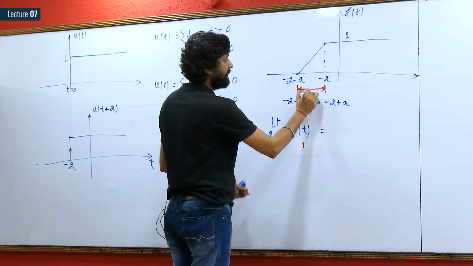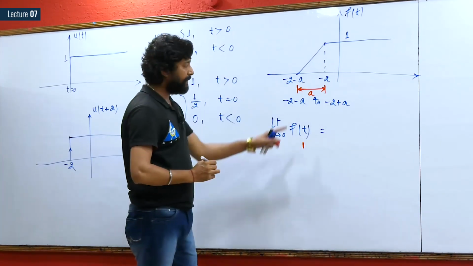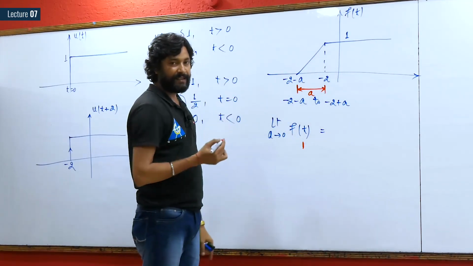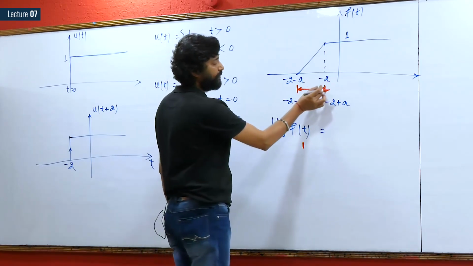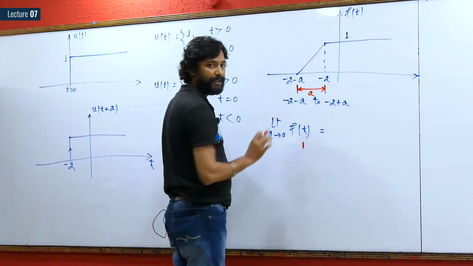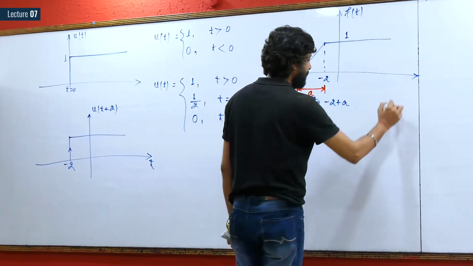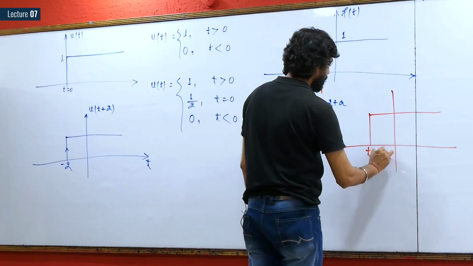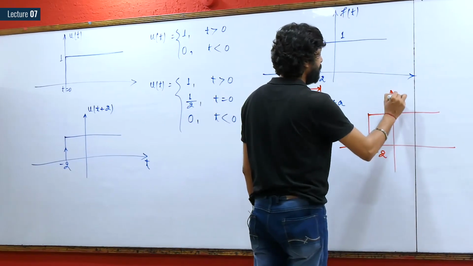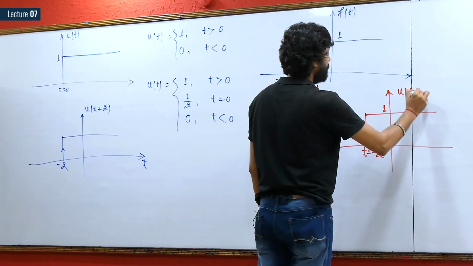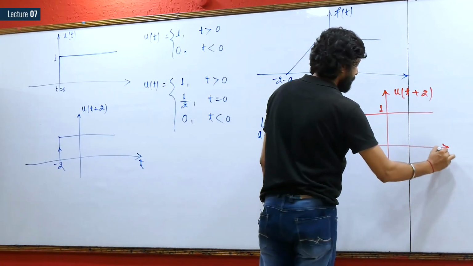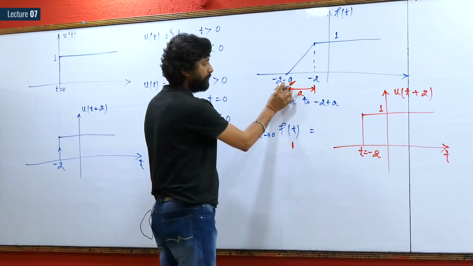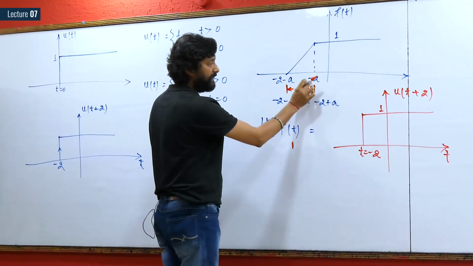If you take the limit a tends to 0, it means this transition period exists only at t equals minus 2, because both these points will be represented only as minus 2. Therefore the signal will start from t equals minus 2 and then be constant at the value of 1. So it is nothing but u of t plus 2 that we plotted earlier. You can see that in the limit a tends to 0, either it is minus 2 minus a to minus 2 plus a, or it is simply minus 2.